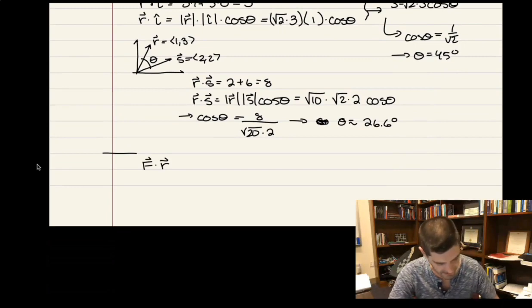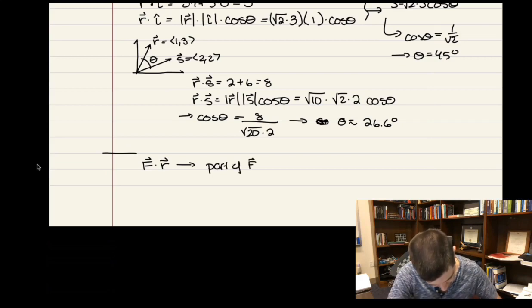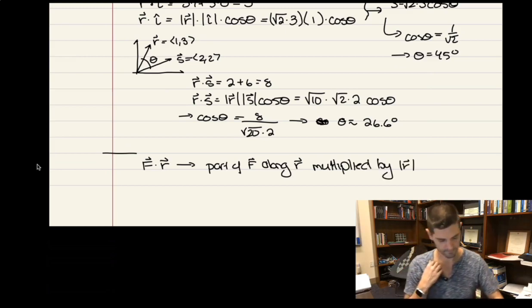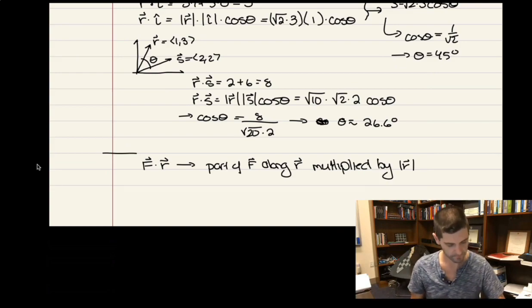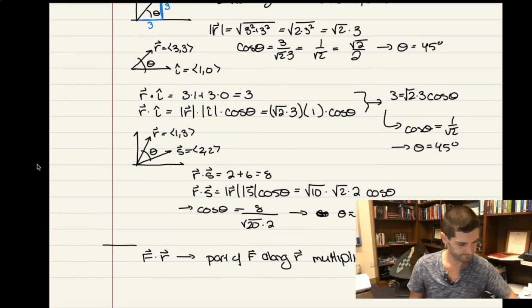This is giving me the part of f along r multiplied by the magnitude of r. Why I randomly chose f and r might become apparent soon.